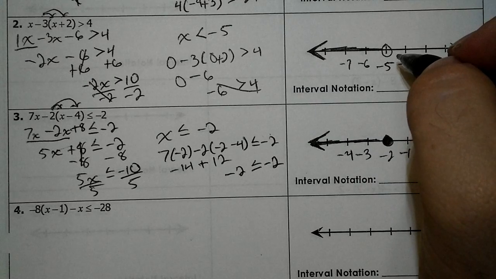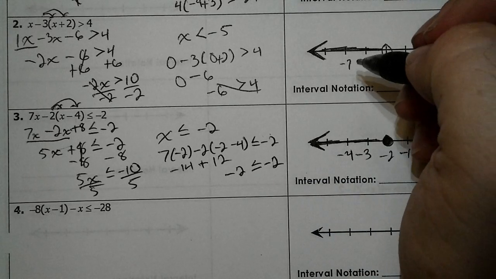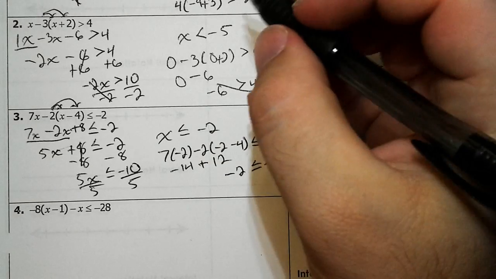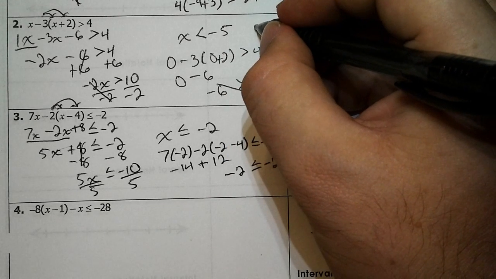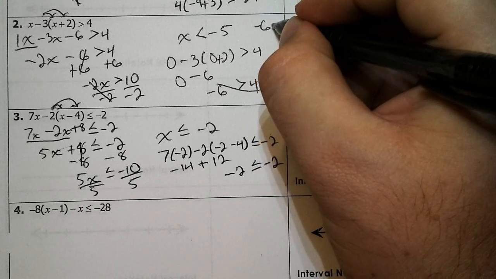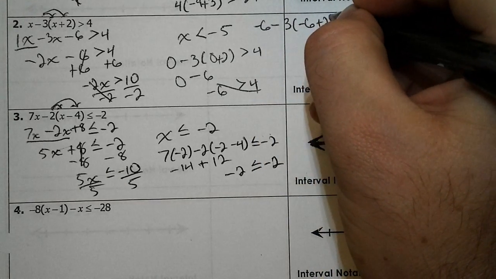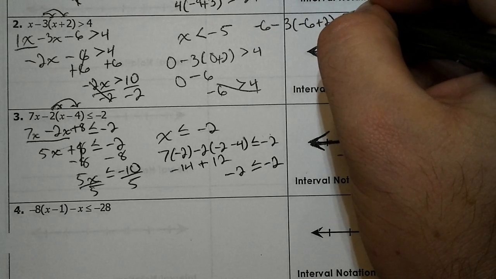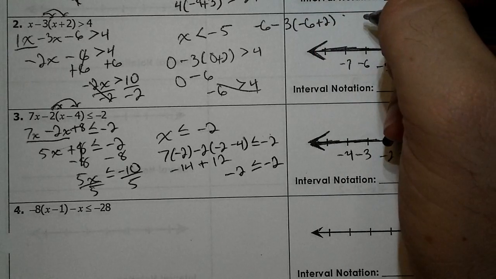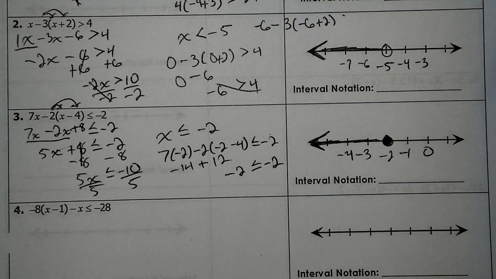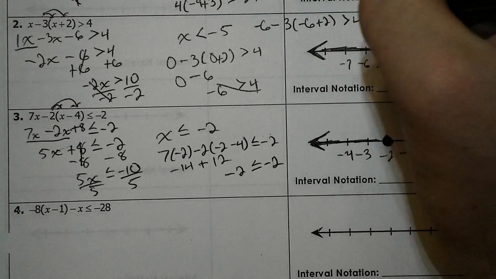Now, let's try a number smaller than negative 5. Let's just go 1 over. Let's try negative 6. So if I've got negative 6 minus 3, parentheses, negative 6 plus 2, that should be greater than 4.